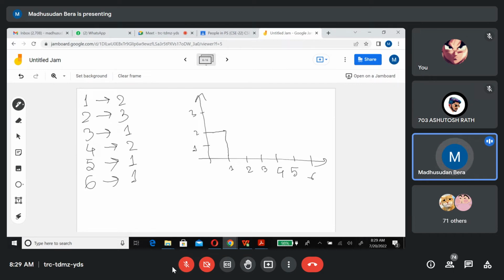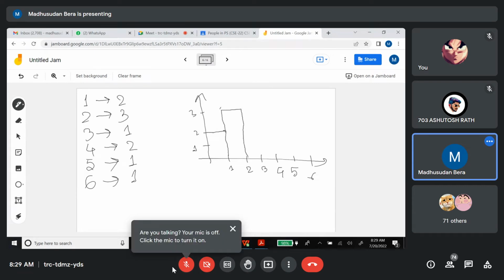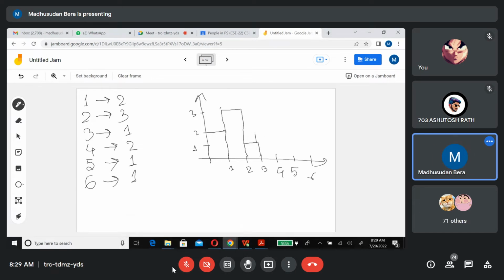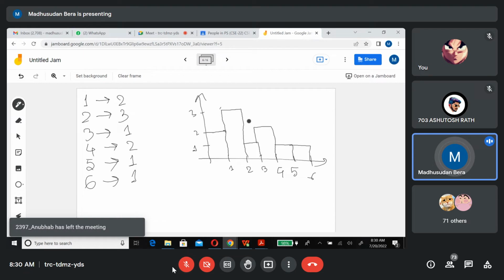Then 2 occurs 3 times, this one. 3 occurs once, this one. 4 occurs 2 times. 5 occurs once. 6 occurs once. From this graph we can read that the frequency of 1 is 2, of 2 is 3, of 3 is 1, of 4 is 2, and of 5 is 1. So from this graph also we can recover the data set.